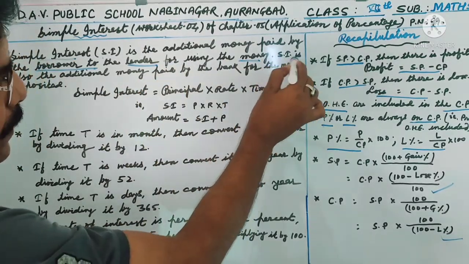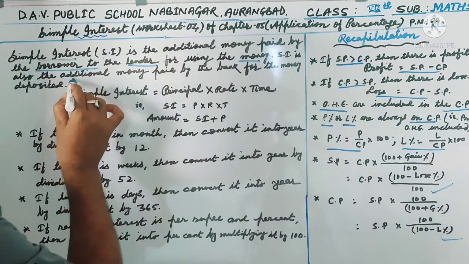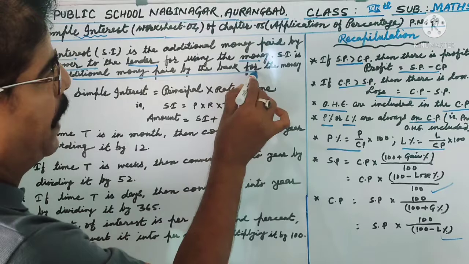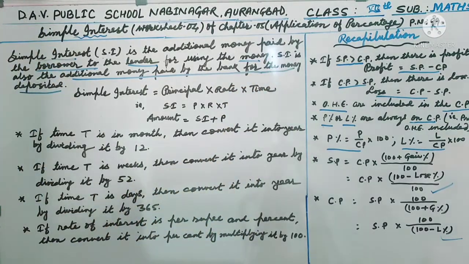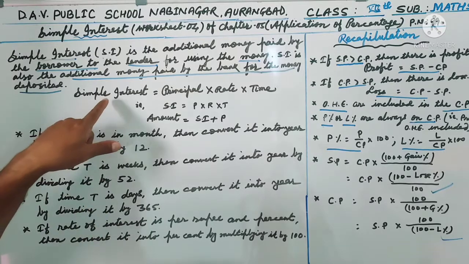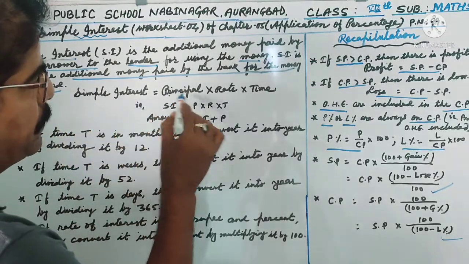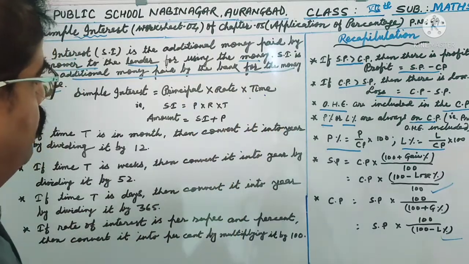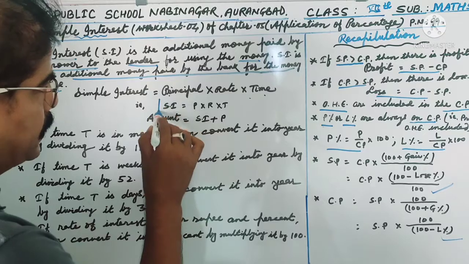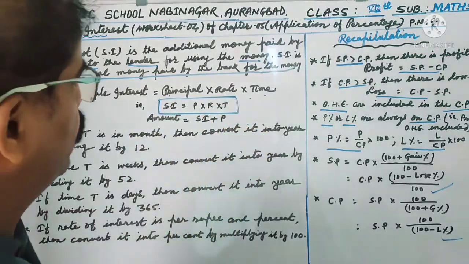SI is also the additional money paid by the bank for the money deposited. That means simple interest equals principal into rate into time, that is, simple interest equals P into R into T.